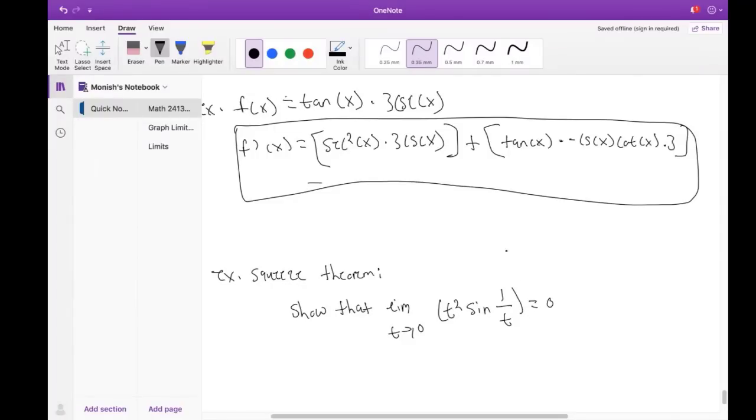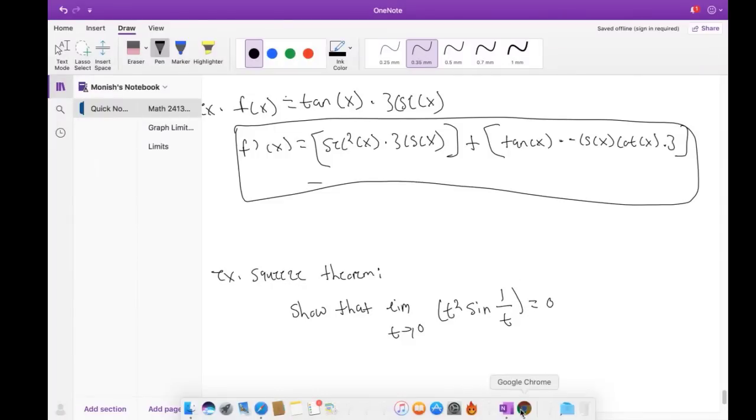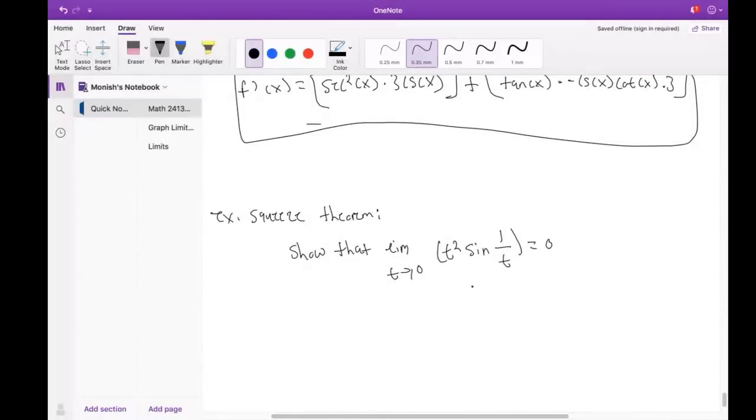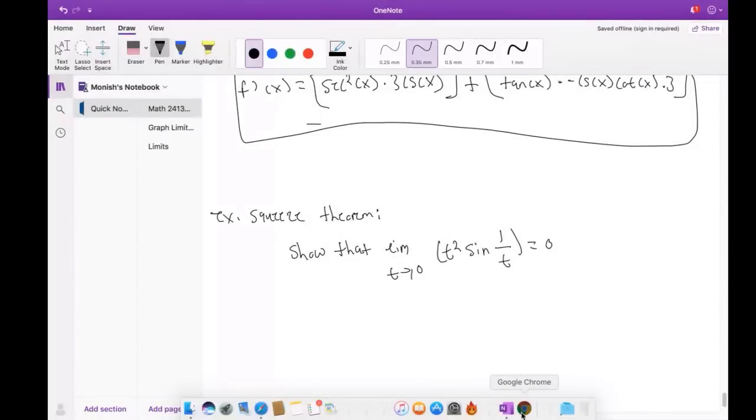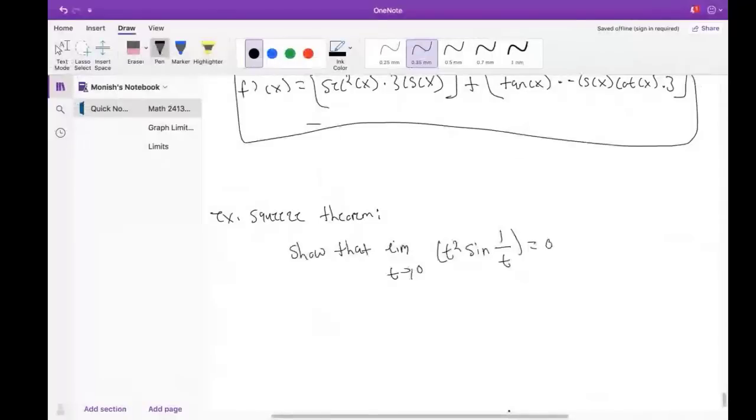The way you do squeeze theorem usually involves sine and cosine. What's the range for a sine function? Yeah, -1 to 1.